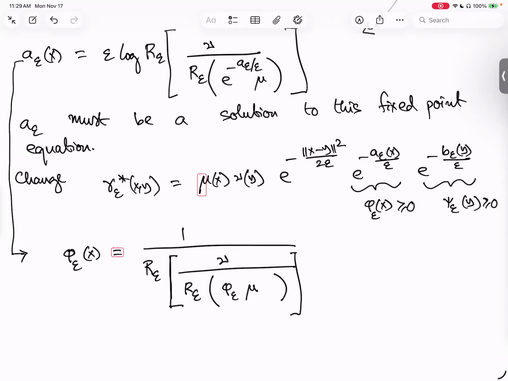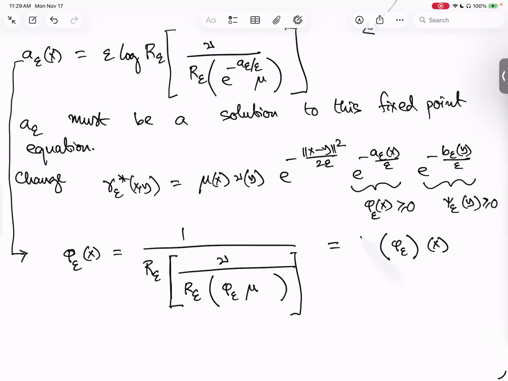Okay, and that is what I'm going to write as a function capital phi of small phi epsilon of x. And so phi epsilon must be a solution. Maybe capital phi is a bad notation. Let's see, what is a good notation for this?